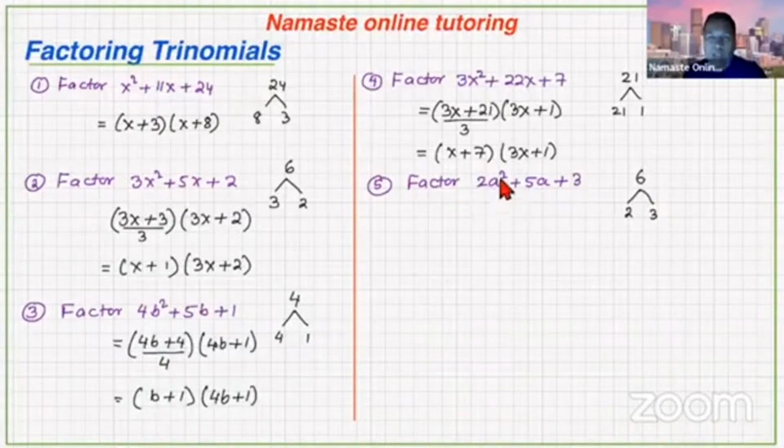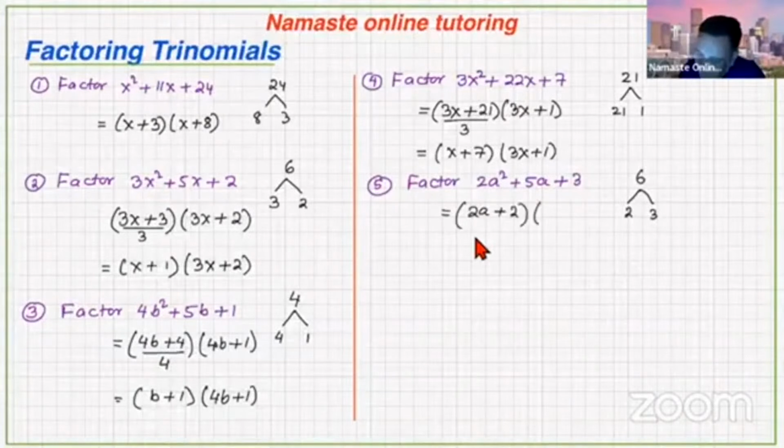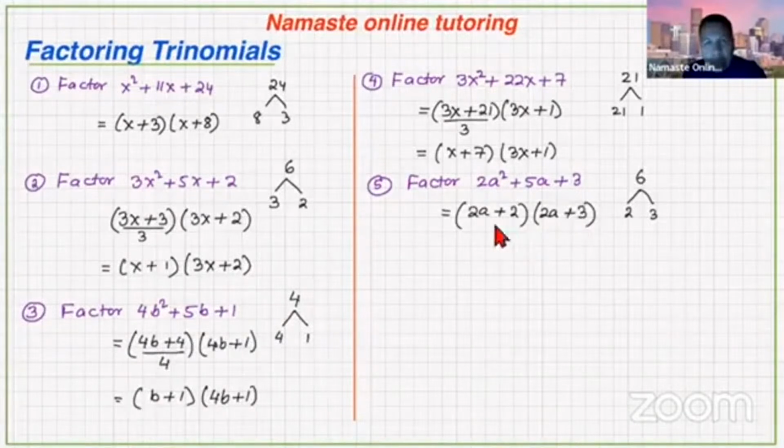So if we want to write the factor, here is 2a squared. So our first term will be 2a. So we write this as 2a plus the first number and 2a plus the second number. In the second parenthesis, there is nothing common, but in the first one, there is a common factor 2.